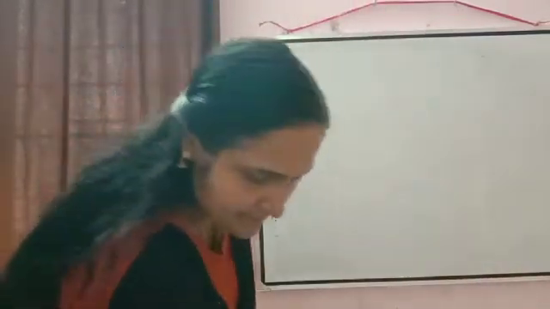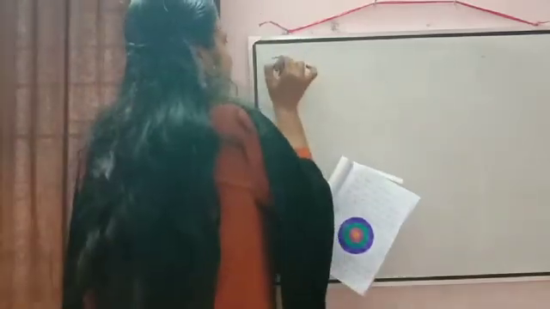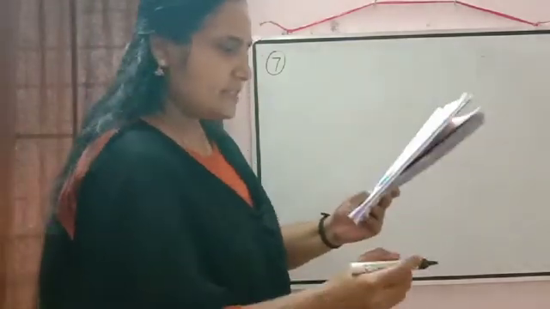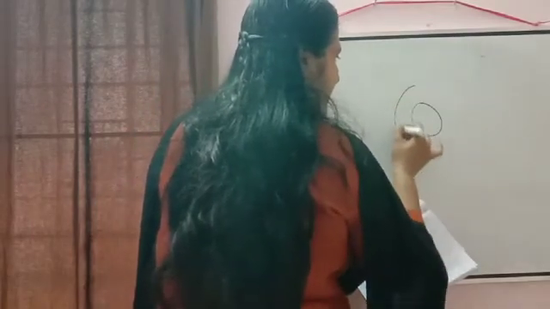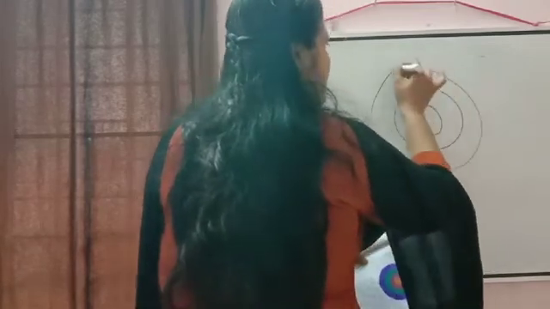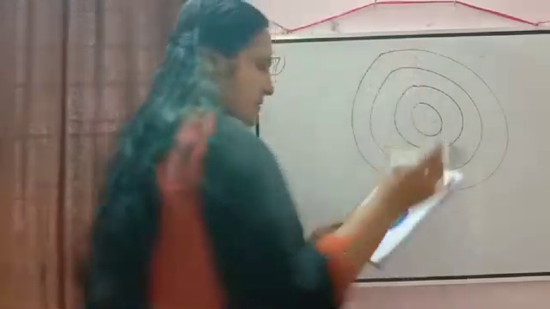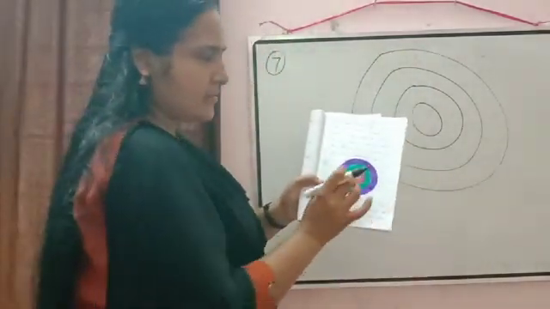Clear? Okay. Now the next question, I already gave you the question. You can check the diagram here. This figure depicts an archery region. The diagram is given, and some colors are also there to identify the regions.